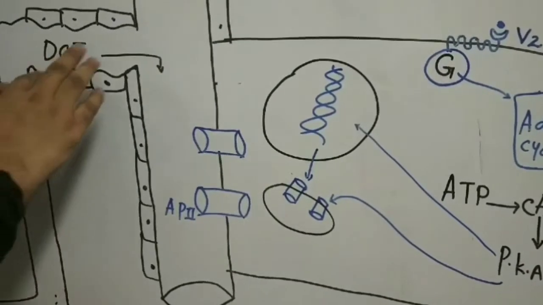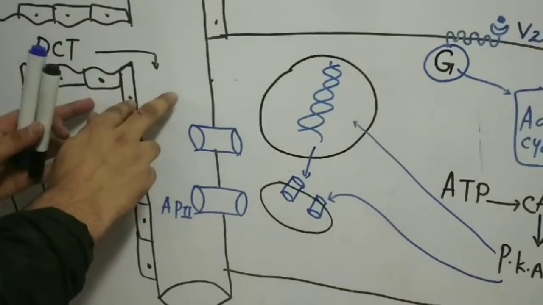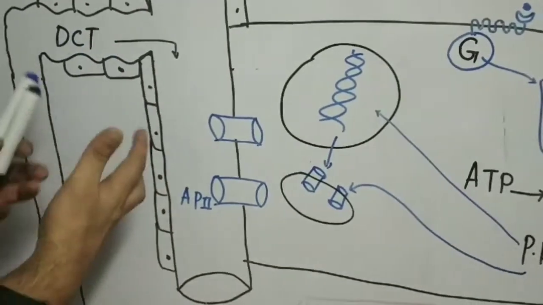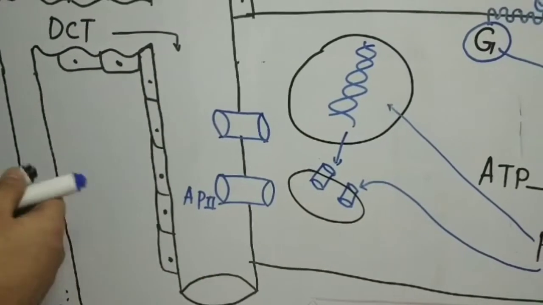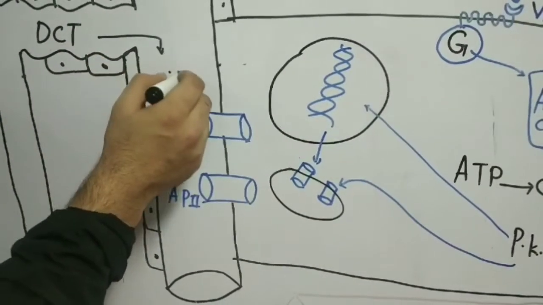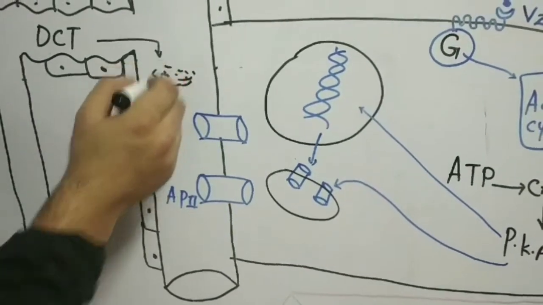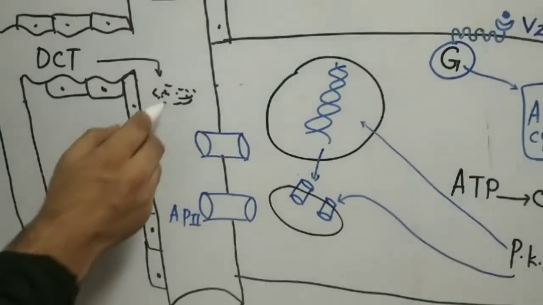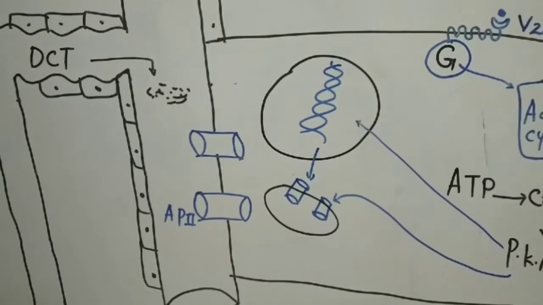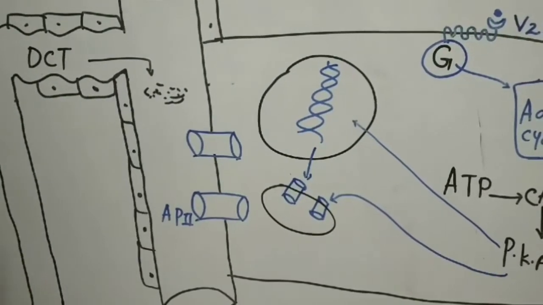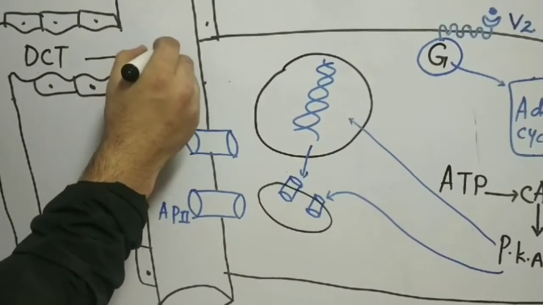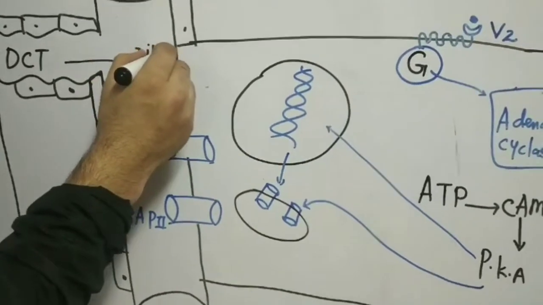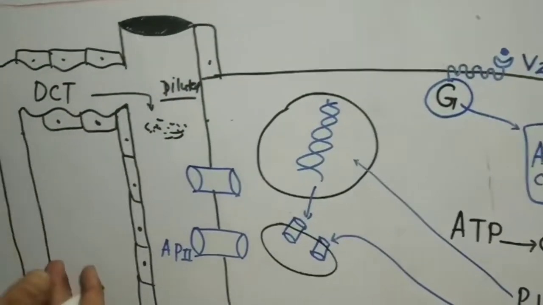Now, whenever the fluid comes here, the water will be absorbed. Suppose here is the urine which is very diluted. It means it has a lot of water.